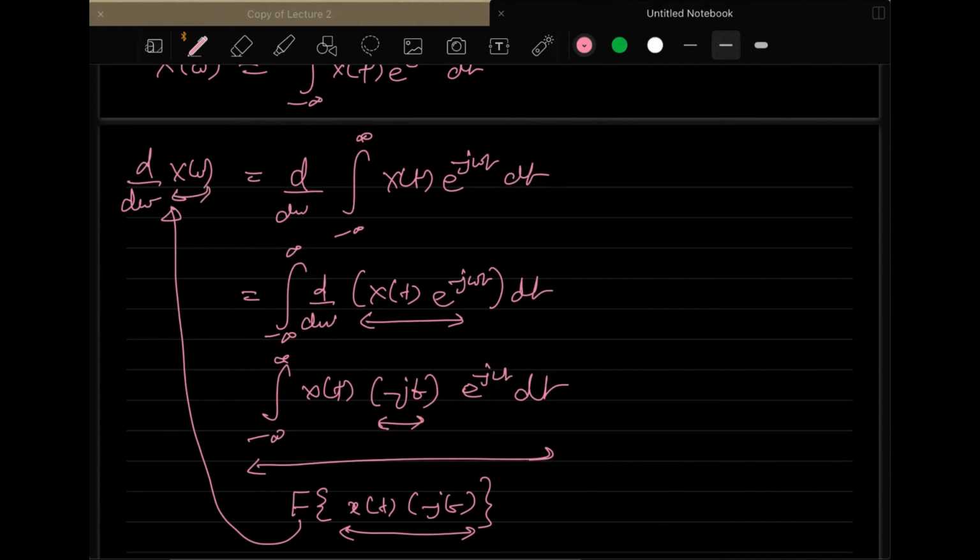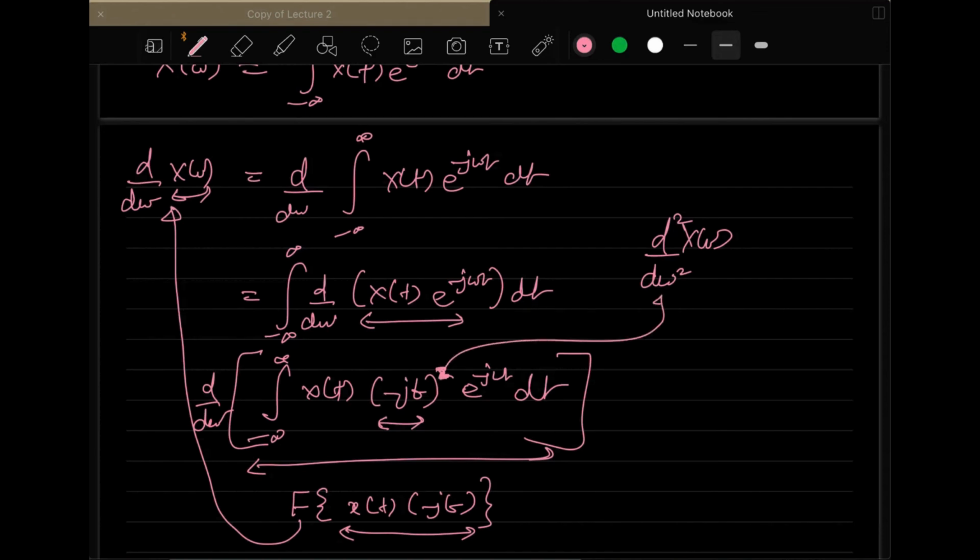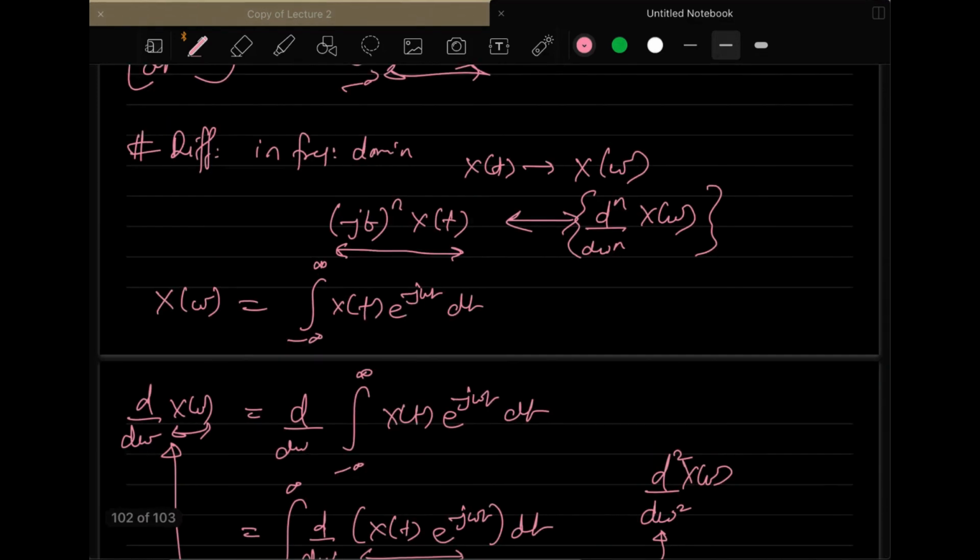And you can prove yourself that if you again take d by d omega of this spectrum, then you will have a factor of 2 here, and this corresponds to the second derivative. If you continue to do that, you will see that if you take the nth derivative of the spectrum, you will get the nth power of the factor minus jt multiplying the original signal x of t.